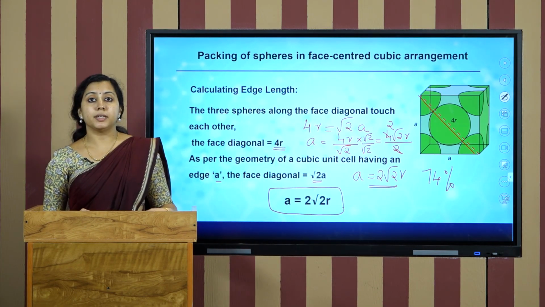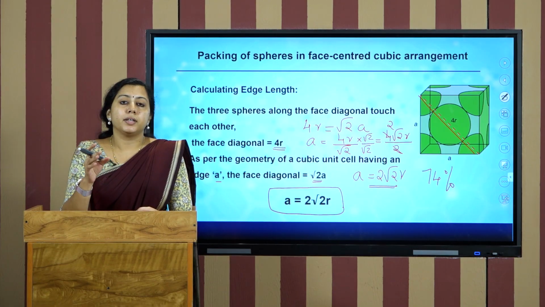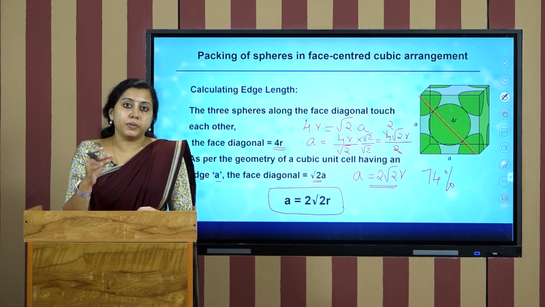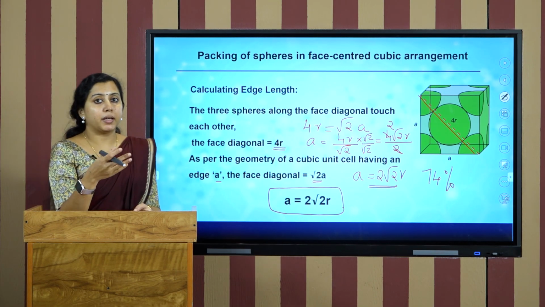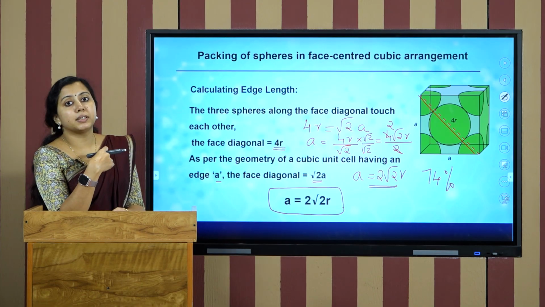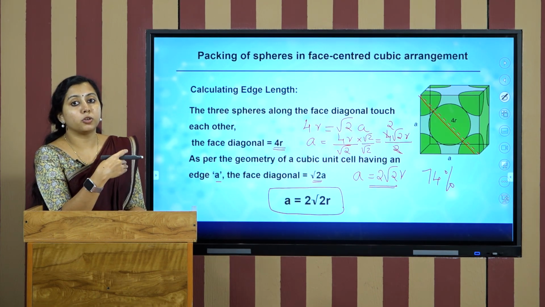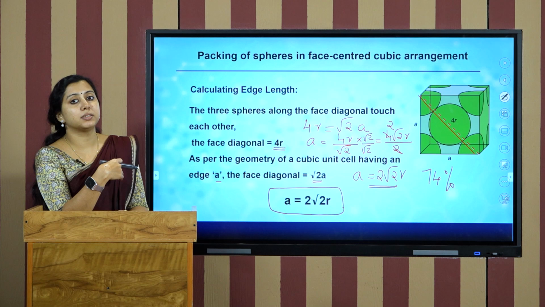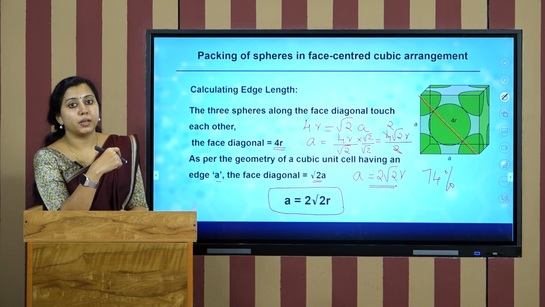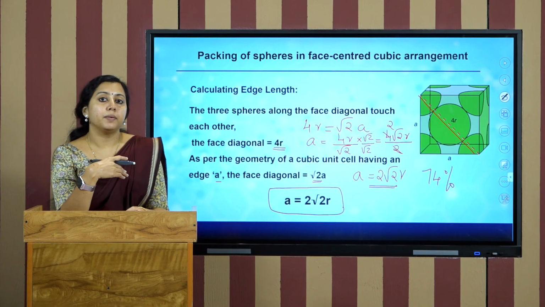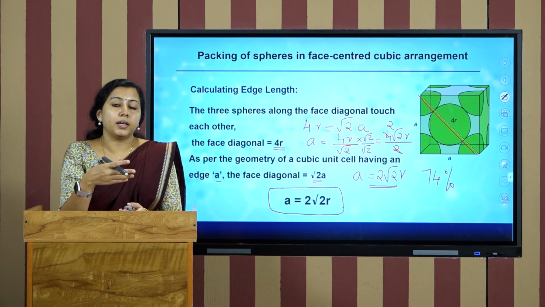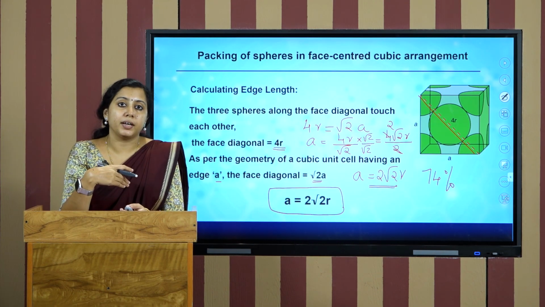So, we have discussed the close packing of spheres in a simple cubic with a packing efficiency of 54%, in a body centered with a packing efficiency of 68%, and in face centered or a cubic close packing with the highest packing efficiency of 74%. And we have also calculated the edge length in these three types of arrangement.